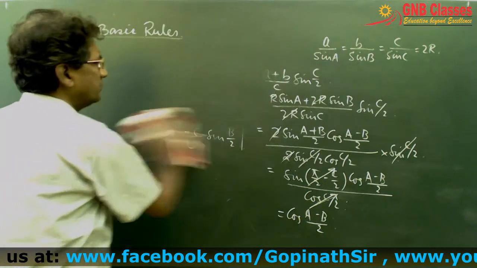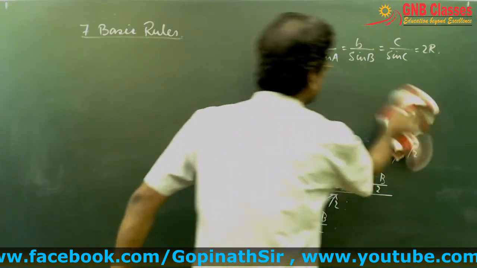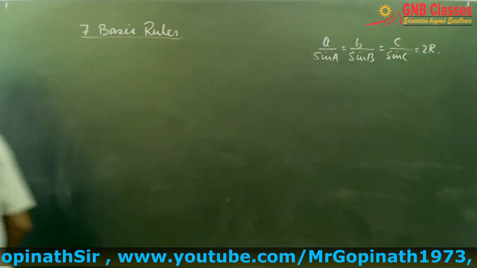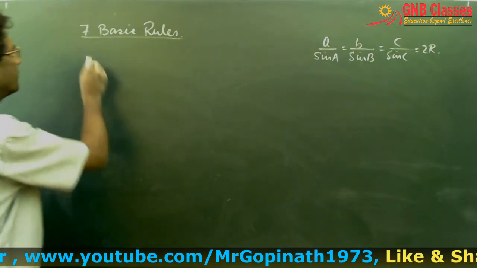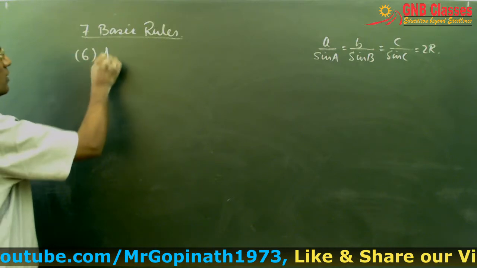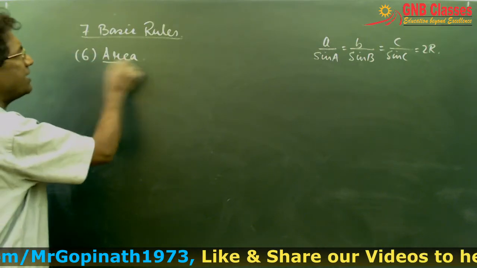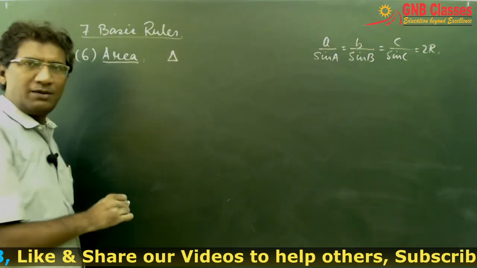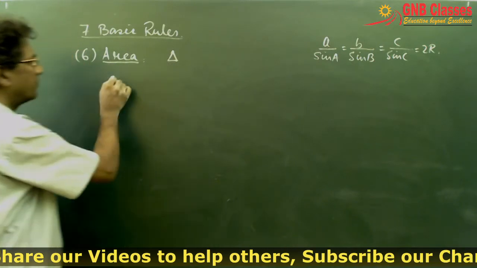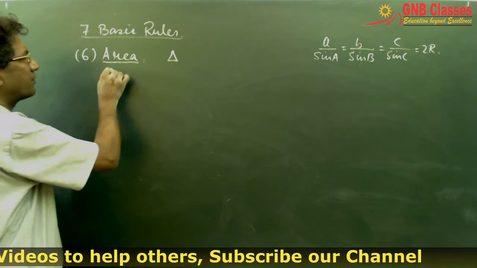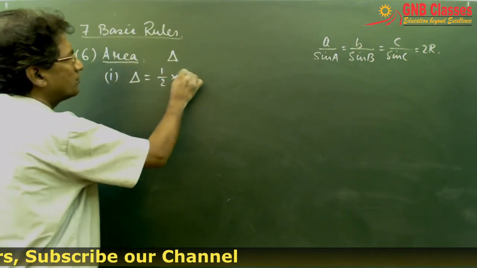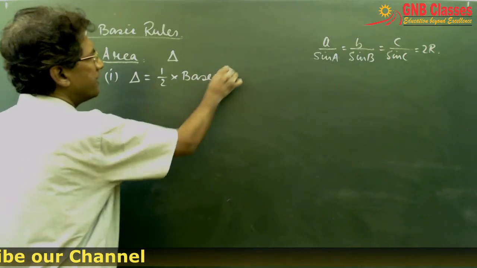Now let us move to the sixth basic rule for any triangle, which is about the area of the triangle. Area of the triangle is generally denoted by delta. We all know that the area of any triangle is half into base into height.